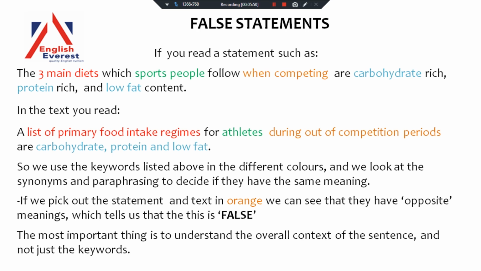When competing and during out of competition periods do not match because they mean the opposite thing. When you are competing, when you're not competing. So the statements in orange tell us that because they're opposite, we have to say that this answer is false.